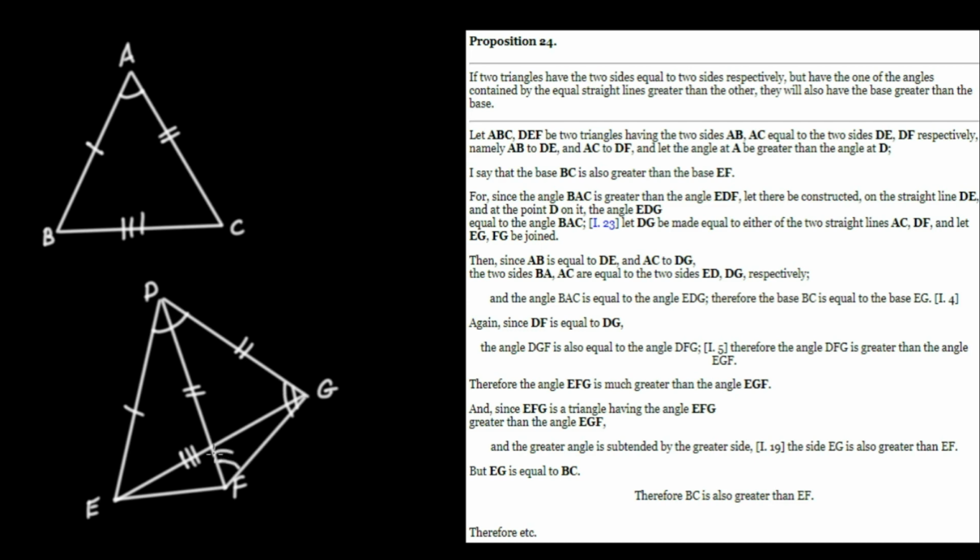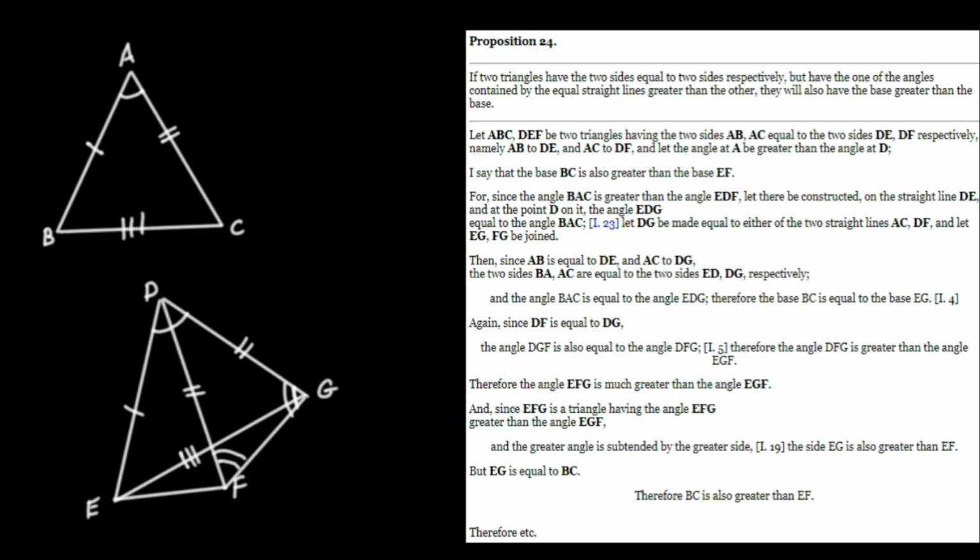So he's saying that these two angles are equal. And that follows from proposition 5. Next, let's have a look at this angle EGF. Notice that EGF is a part of the angle DGF. So EGF is a part of DGF. Hence it follows that EGF is lesser than DGF, but DGF is equal to DFG.